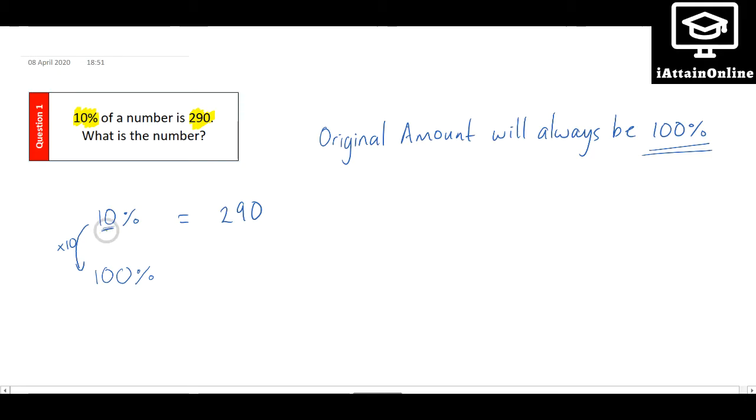It's just coincidence that these two numbers are the same. We're just saying how many tens are there in 100, and because that's 10, that's why we're multiplying by 10. So I also need to multiply this by 10 as well, which would give me 2,900. So the original number was 2,900. That's the first question.